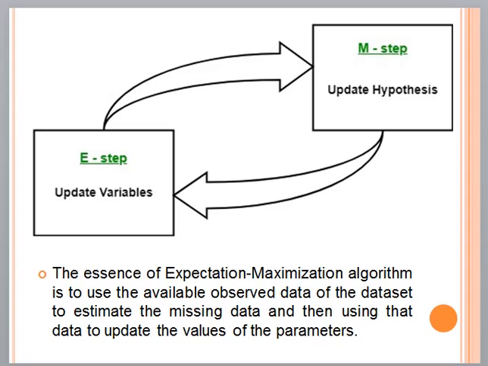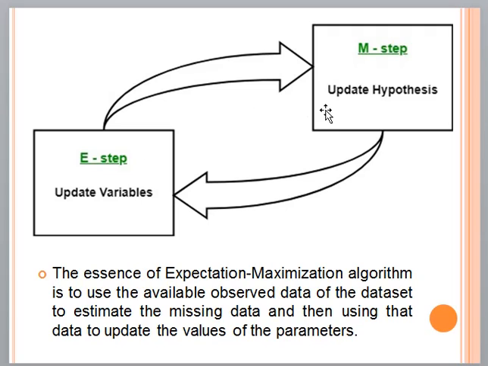In the E step, we are guessing the values for the latent variables, or you can say that we are updating the variables, and then we provide this to the M step. The M step estimates the model parameters based on the variables estimated here, and this process continues one after the other until we reach convergence.